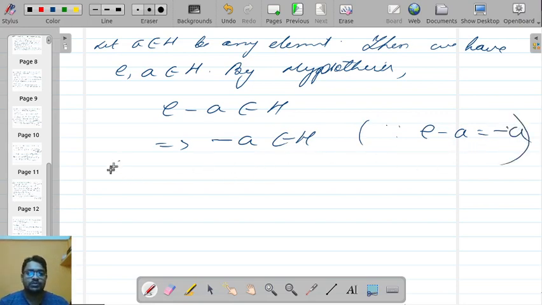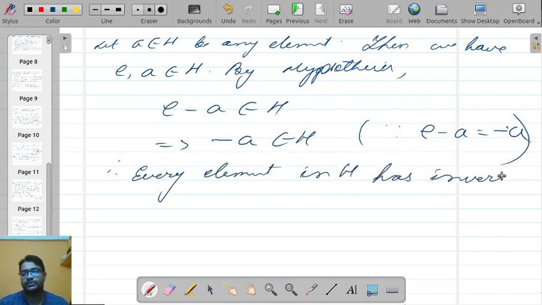So minus A belongs to H. Therefore every element in H has an inverse in H. So this is also satisfied.